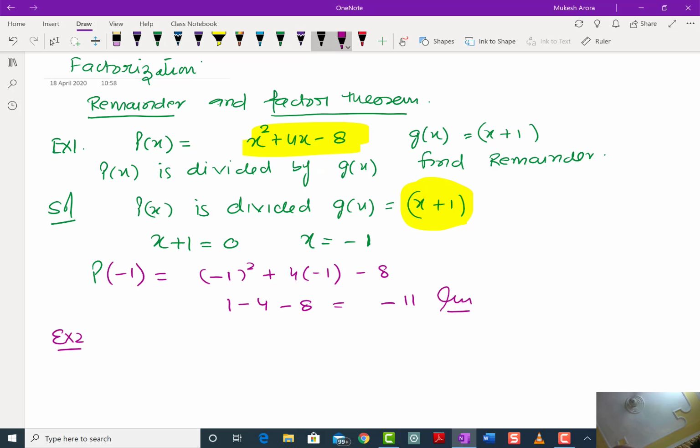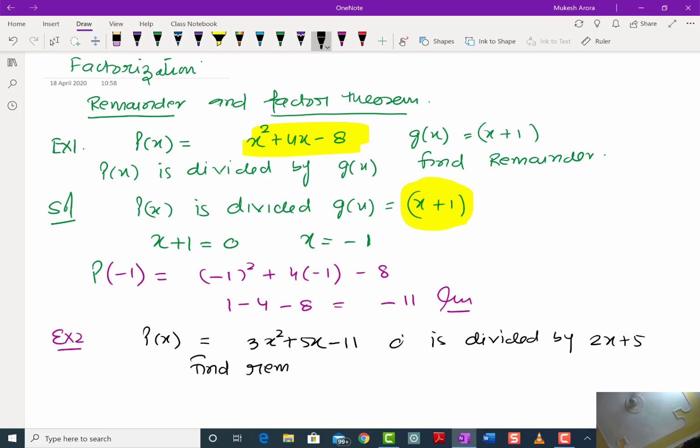Example 2. p(x) is equal to 3x square plus 5x minus 11 is divided by 2x plus 5, find the remainder.